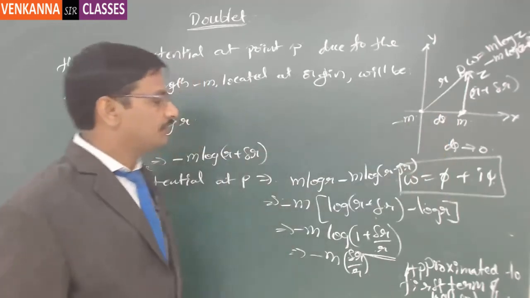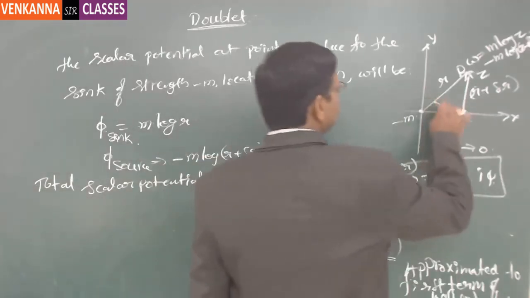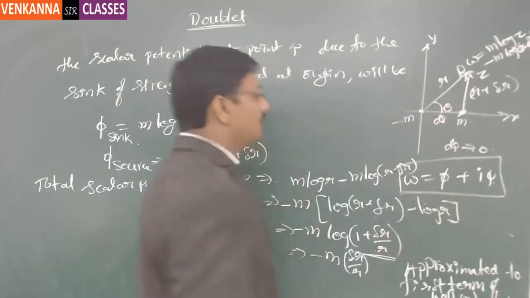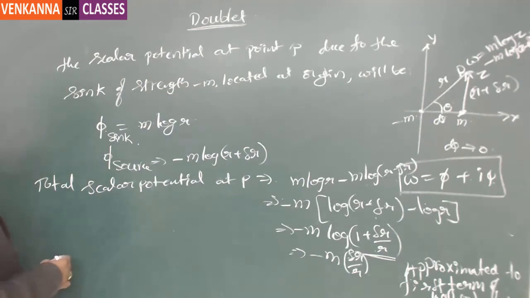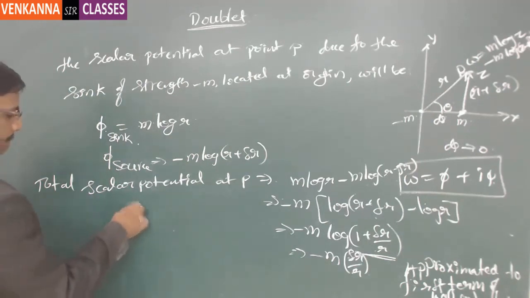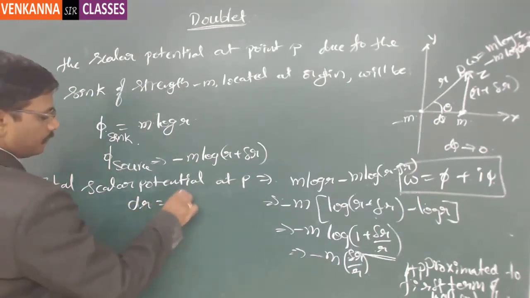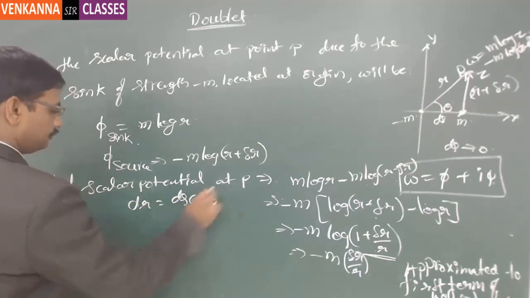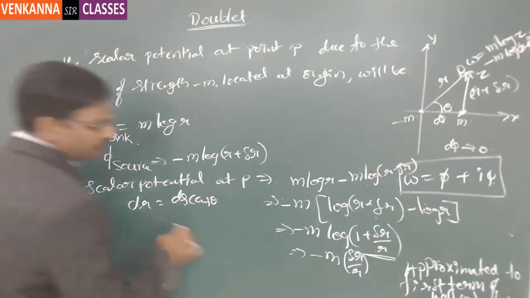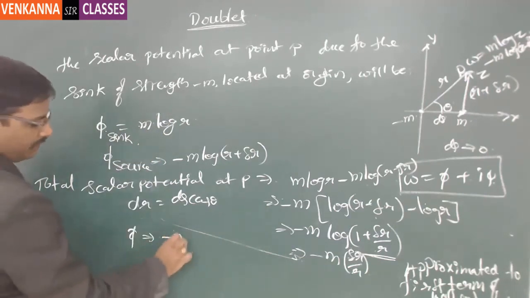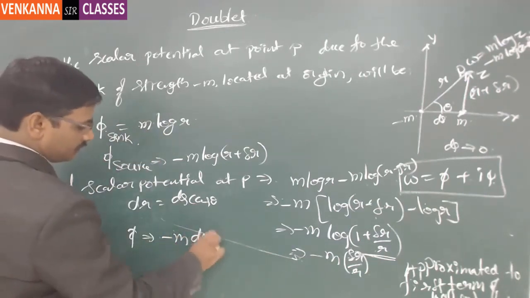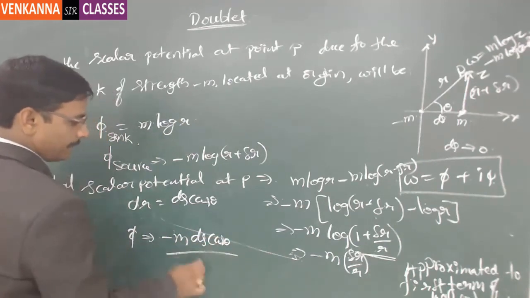Got it? Then, if this angle is theta, then ds cos theta is nothing but dr. So if you replace this value in this equation, the total potential is equal to minus m into ds cos theta divided by r.